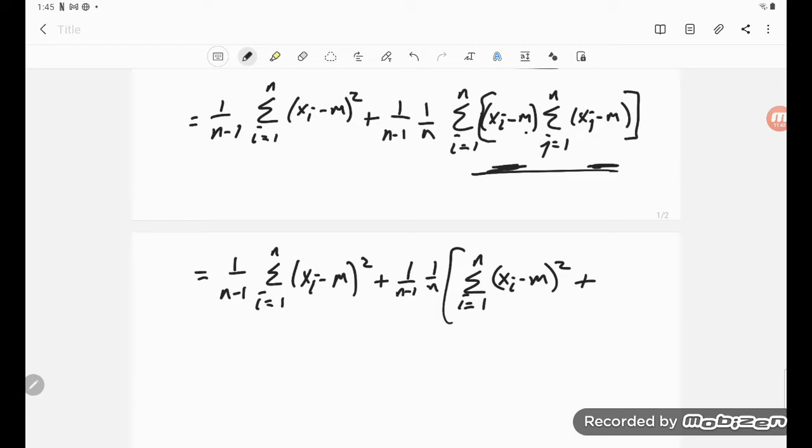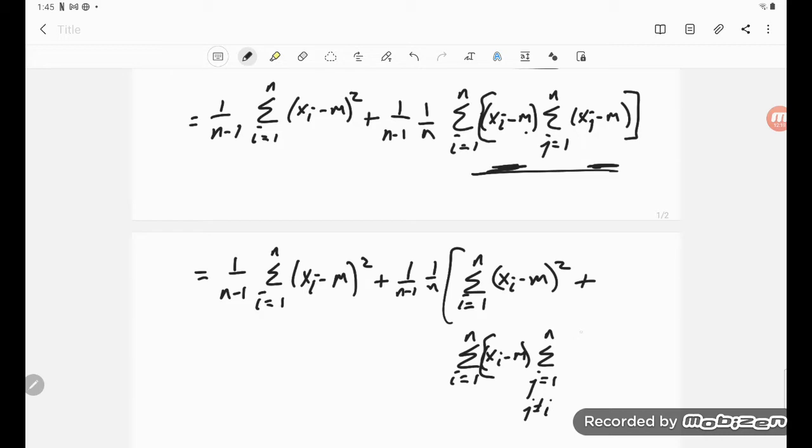All those other parts are going to be of the form the sum i equal 1 to n of the xi minus m, and then times the sum j equal 1 to n, but j not equal to i.